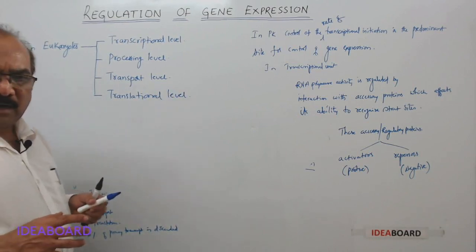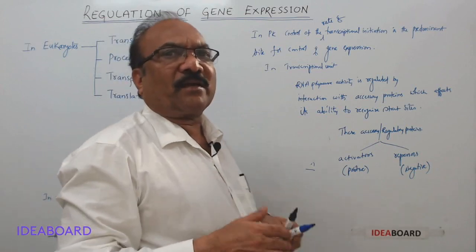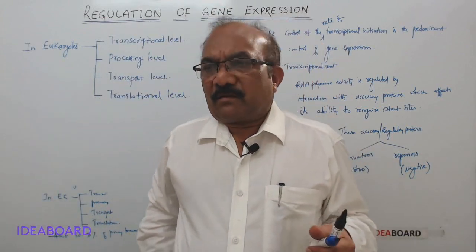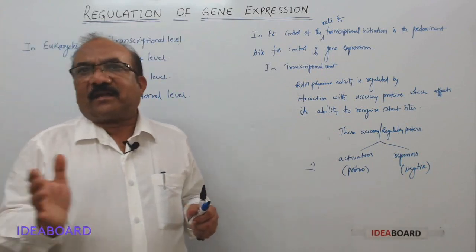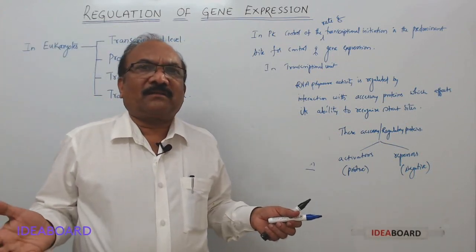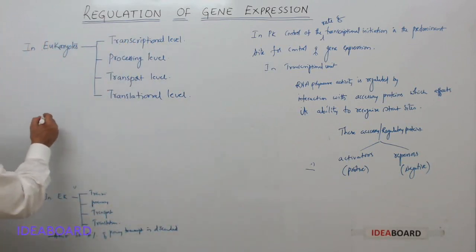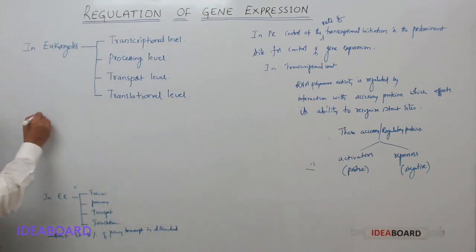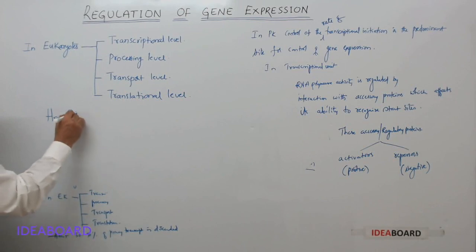And remember, in eukaryotes, transcription is not like that of prokaryotes. Now what is the difference? In prokaryotes, as a result of transcription, mRNA is formed. But in eukaryotes, as a result of transcription, hnRNA is formed.